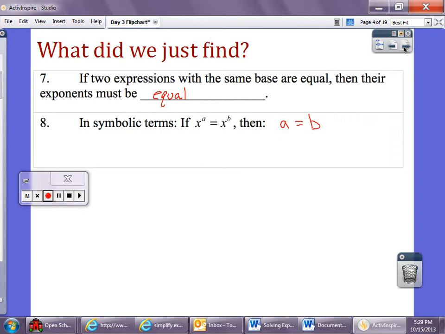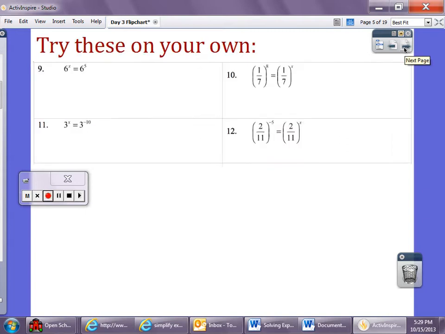So if we look at a couple examples here, if we have 6 to the x equals 6 to the 5th, well, the bases are the same, so that tells us that x is equal to 5. And if we look at number 10, we have 1/7 and 1/7, so our bases are the same, and we know that 8 is equal to x.